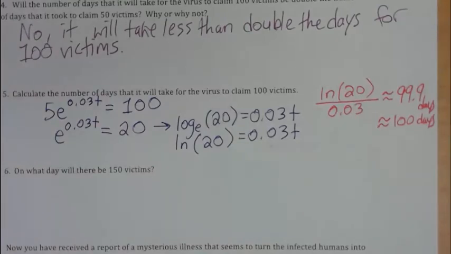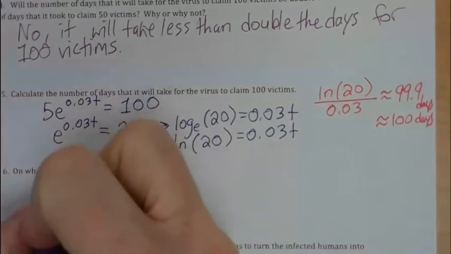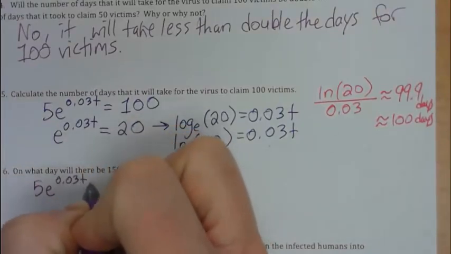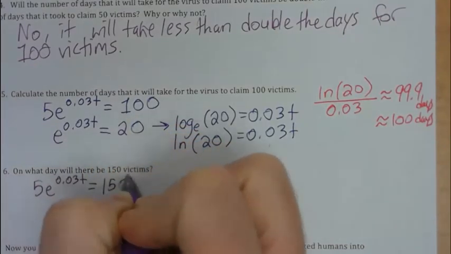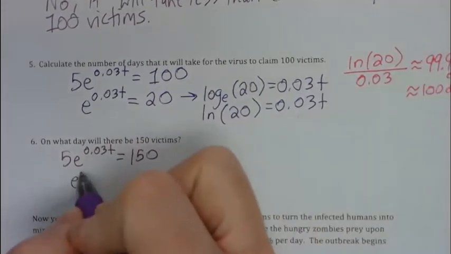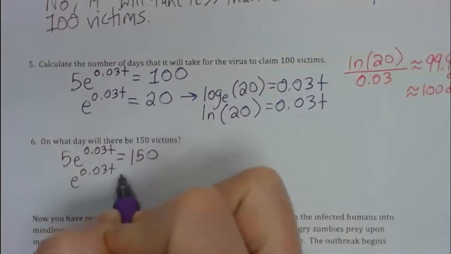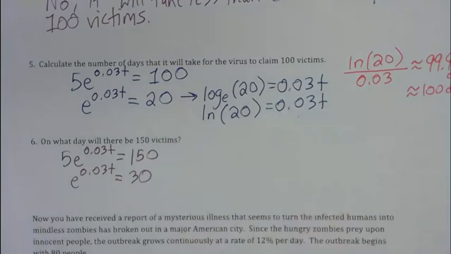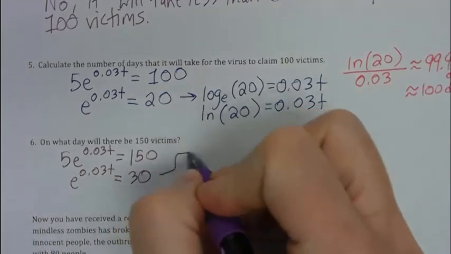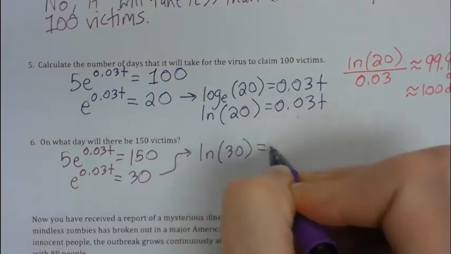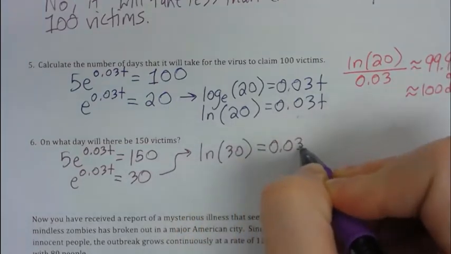And so now, last problem of this, on what day will there be 150 victims? We'll just be solving 5e to the 0.03t equal to 150. Dividing by 5, we get e to the 0.03t equal to 30. And now we can just rearrange, now that we know what we're doing. So natural log of 30 is equal to 0.03t.